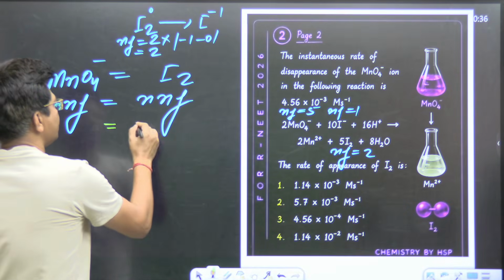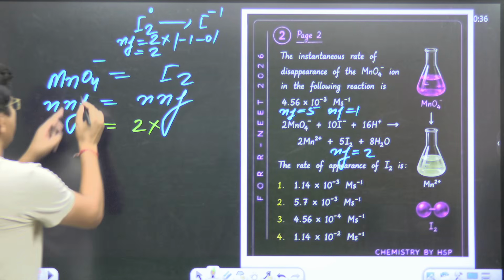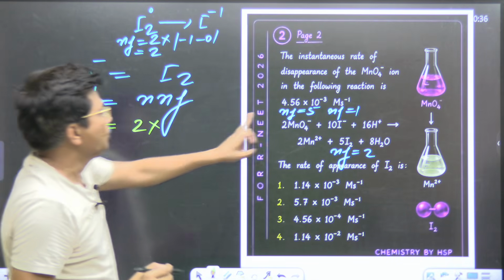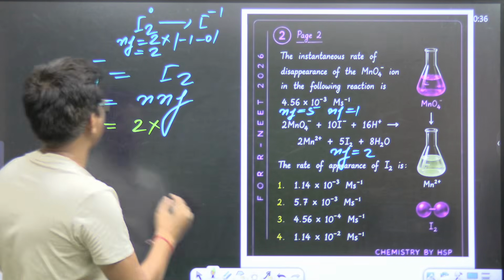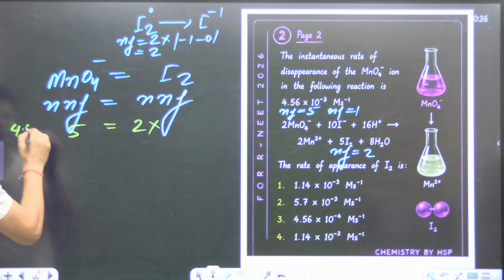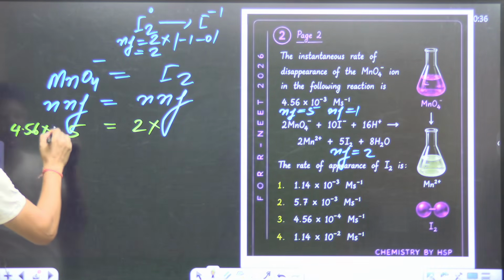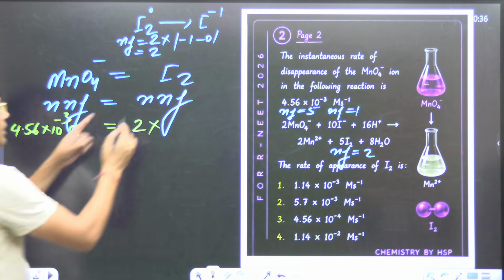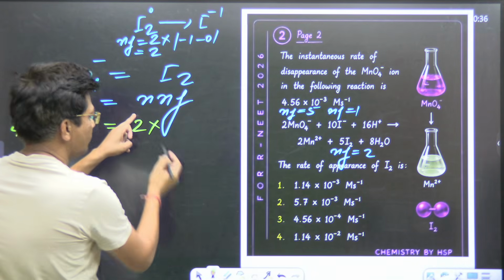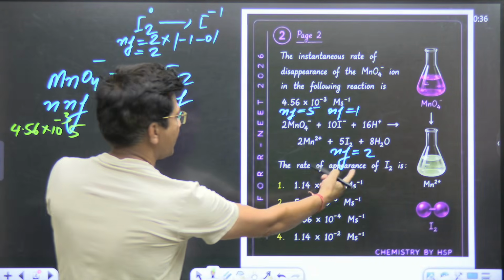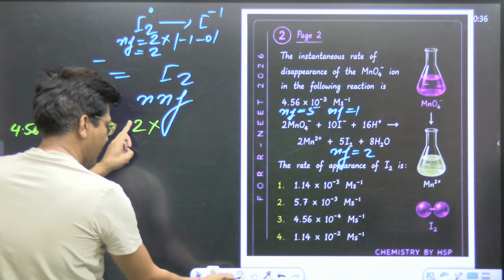Now let me write down. Its n factor is 2. Moles I don't know. Its n factor is 5, and the concentration given is 4.56 into 10 raised to power minus 3. The moles are not given, this is the n factor.